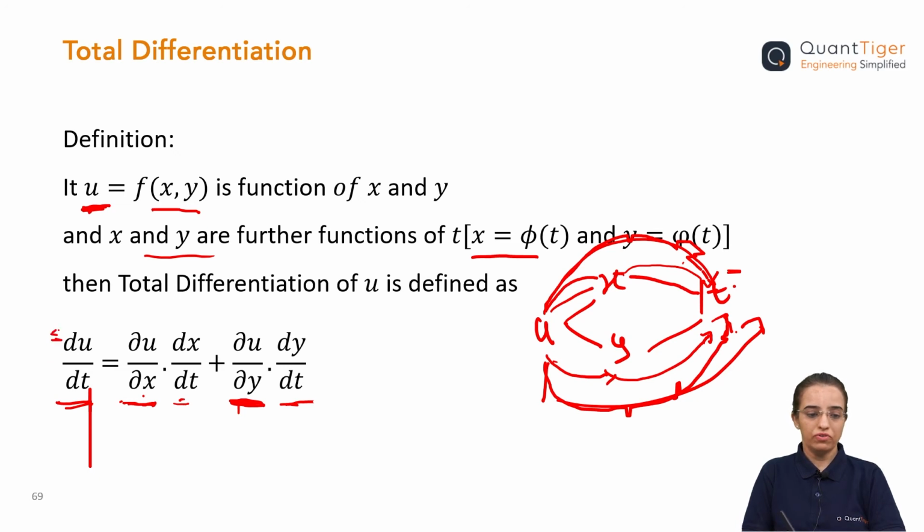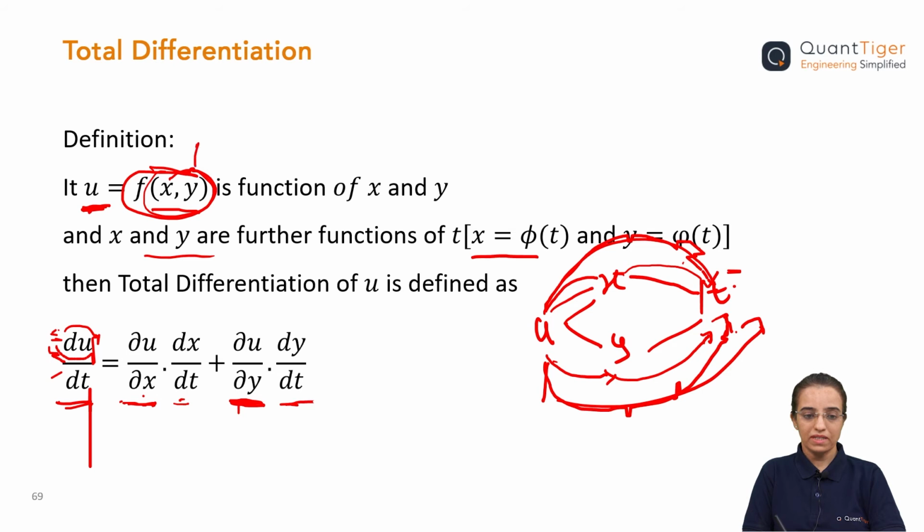Now here also if you look at the left hand side, here du, I have used du because u is a function of x and y, that is how it is given over here. But if you look, x and y are further functions of just the t variable. So instead of x and y, I can replace them in terms of t also.